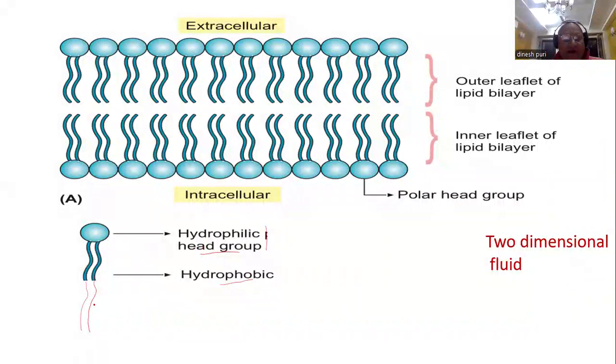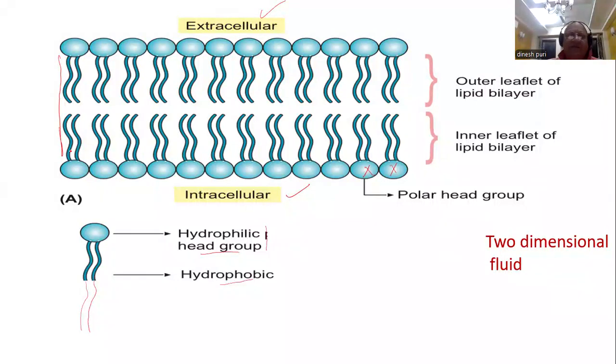Head polar, tail non-polar, and an amphipathic molecule orients itself in such a manner that the polar portion faces water, extracellular or intracellular, and the non-polar portion is buried in the interior.